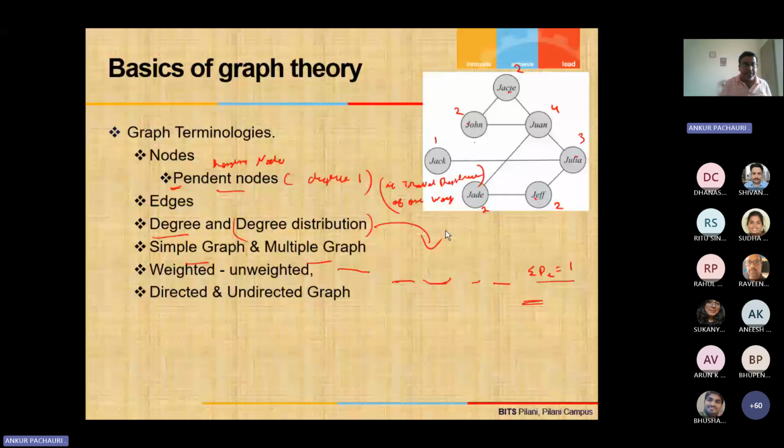So what is the impact of a weighted graph? If somehow you have to assign importance to those edges while performing your analysis, while doing all your classification activity, then it's better to use the weighted graph.